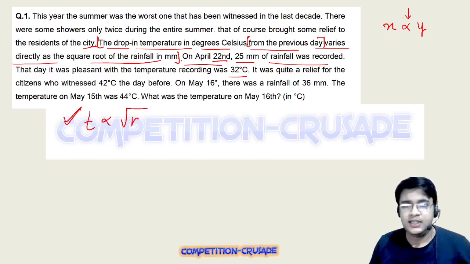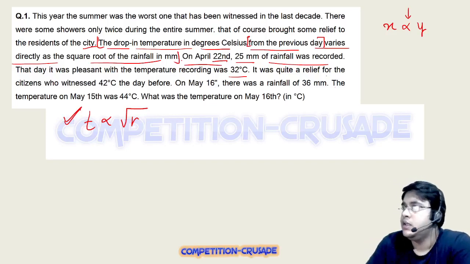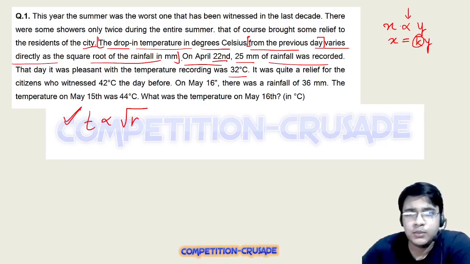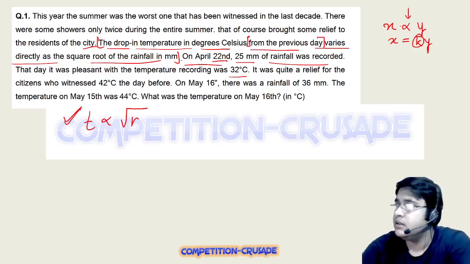So this equality sign helps me because I can use all the operations of an equation and I can solve. The usual way of solving it is, I suppose that there is a constant of proportionality that replaces this proportionality sign and brings in the equality sign.